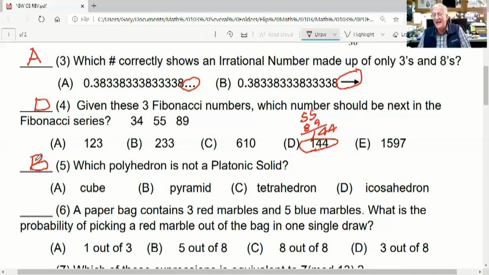Okay, a paper bag contains 3 red marbles and 5 blue. So I'm going to put over here 3 red, 5 blue. That's a total of what? 8 total marbles in the bag. What is the probability of picking a red marble out of the bag in one single draw?